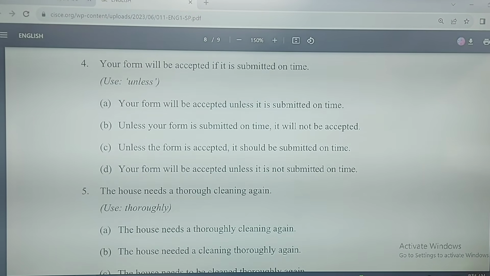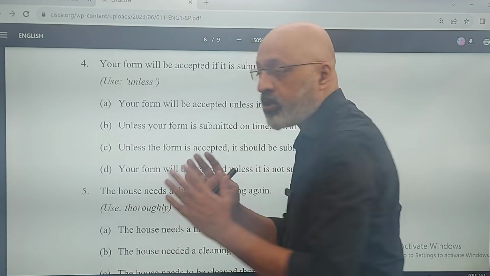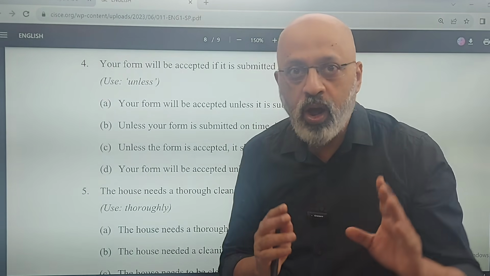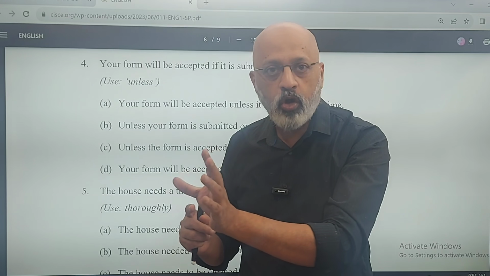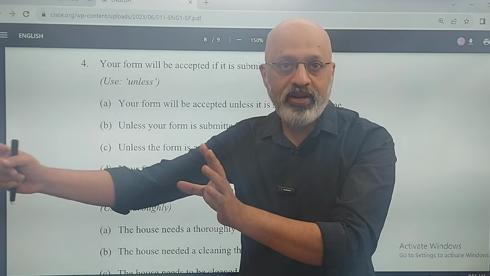Your form will be accepted if it is submitted on time. Now here, keep in mind what the condition is. That unless your form is submitted on time, it will not be accepted. So this is the condition. So the condition needs to be put out first. Unless you reach the exam hall on time, you will not be allowed to write the examination.